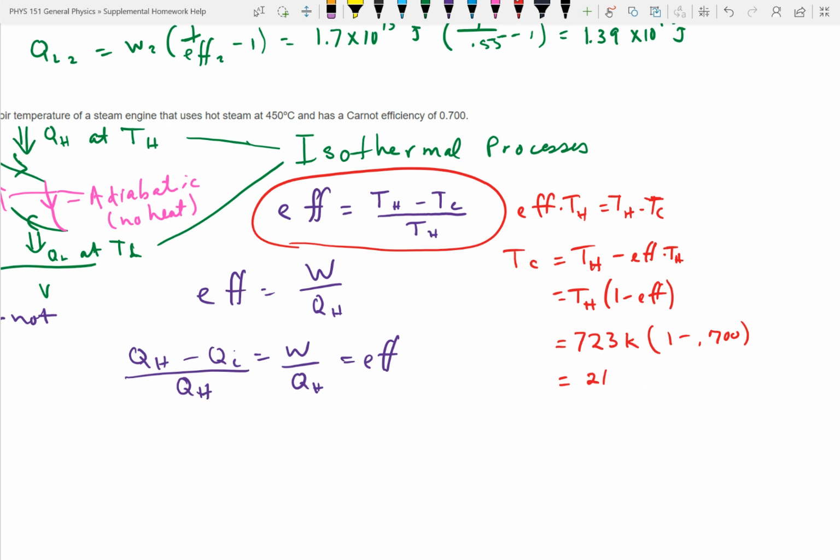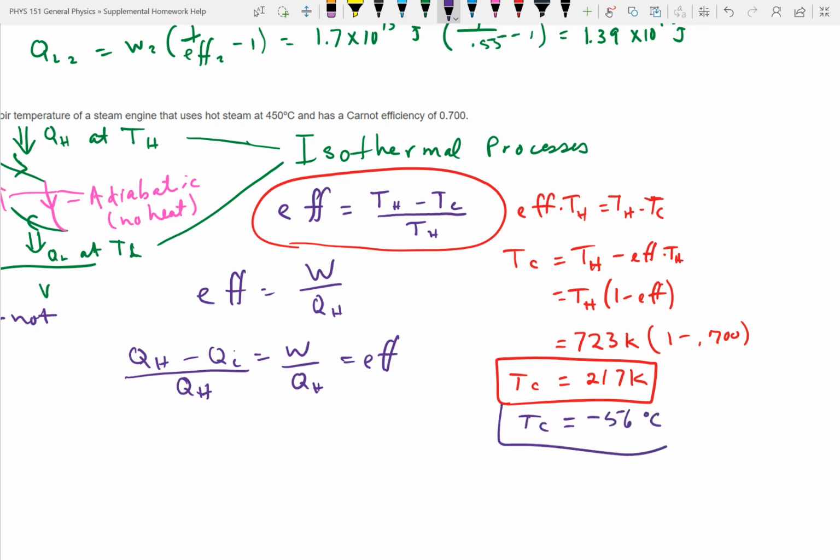Okay, so I only have 3 sig figs, so 217. I looked and they have 217. I'm like, how is that wrong? 217 Celsius. How many Celsius is 217 kelvins? 217 minus 273 is minus 56. And that's, of course, the correct answer.